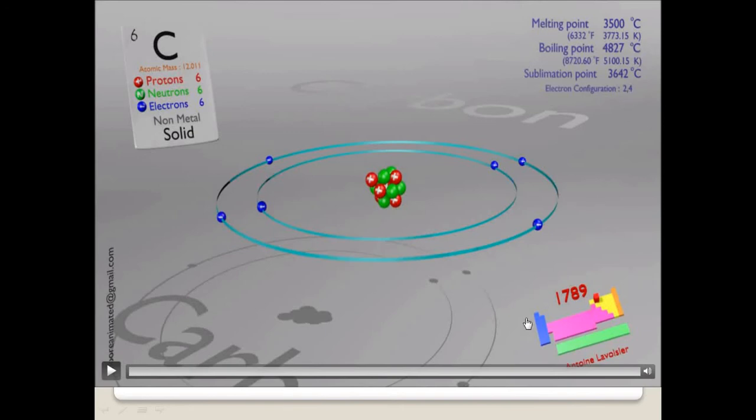It was discovered by Antoine Lavoisier in 1789. In this we can see here is 1 electron, here is another electron. In the second shell there are 2 electrons and 2 electrons, that is 4 electrons in the second shell.